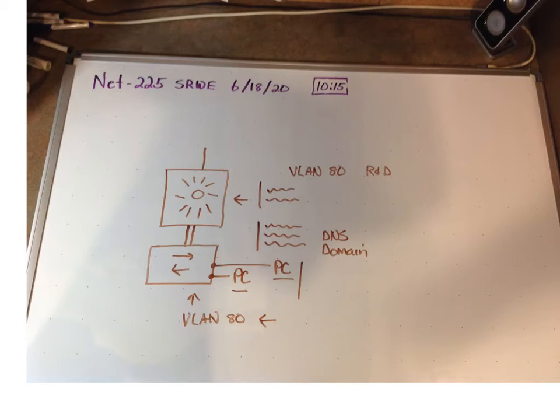So they did the configuration. I did an example with VLAN 80, but some of them did it on VLAN 10 or VLAN 20. They set up the DHCP, or they set up the SLAAC and so forth, like the lab talked about in their multi-layer switch.